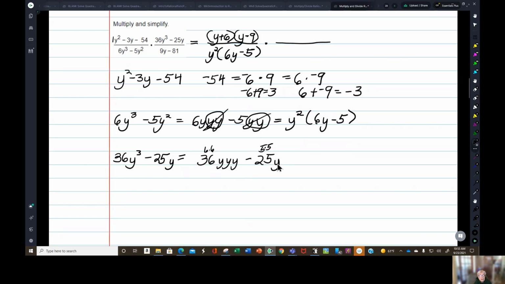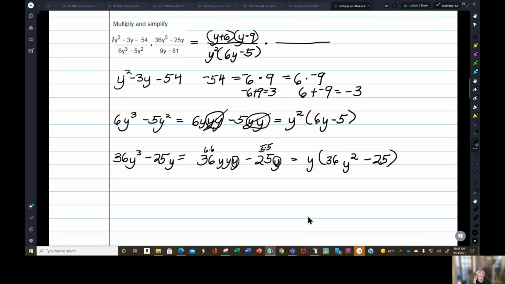The only thing these terms have in common is a y and a y. So this will be y times 36y squared minus 25.